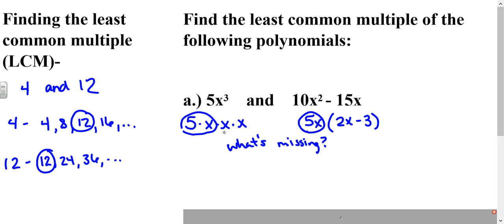This one has the 5x, but it's missing the 2x minus 3, so I would have to multiply this one by 2x minus 3. And this one has the 5x, but it's missing an x and an x, which would be like x squared.